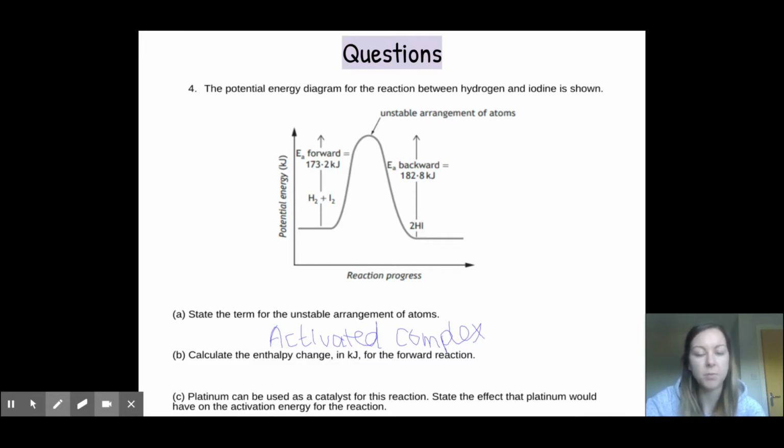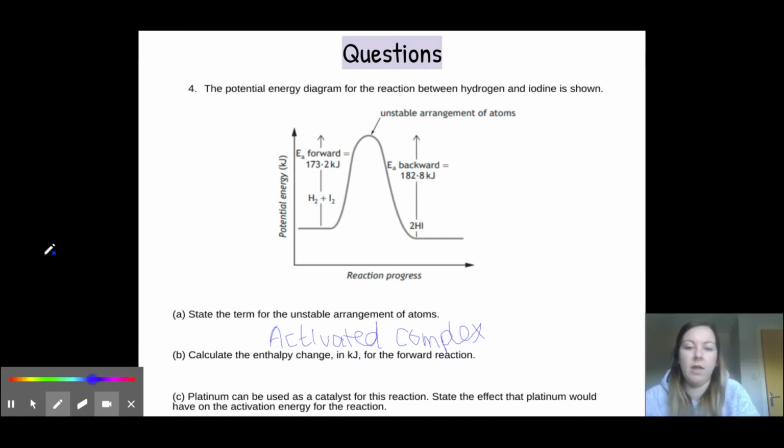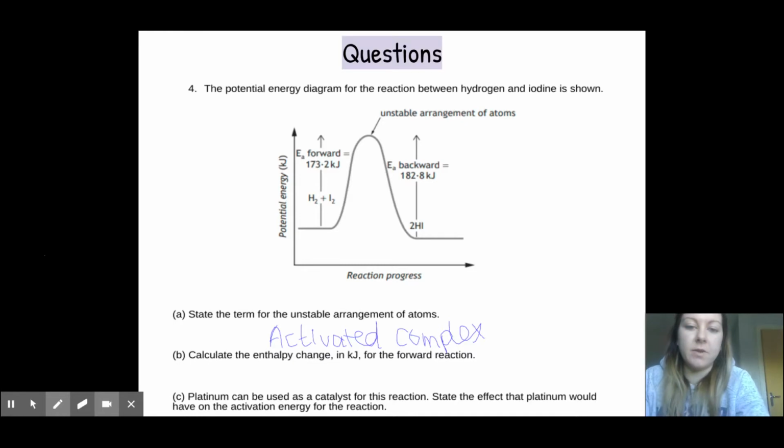But that's okay because we're given the activation energy for the forward and the activation energy for the backwards reaction. Now this is a problem solving type question where it requires you to be able to look at that graph and say, right, the difference between the energy hills on both sides will give me that gap between the straight lines that I'm going to try and draw on this with a straight line, but it could be messy.